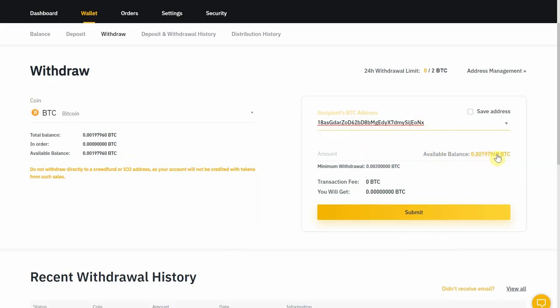So apparently my BTC balance is just below the threshold of the minimal withdrawal. But anyways, this is how you withdraw BTC from Binance to another BTC wallet. Let's say you wanted to transfer back to Coinbase. So you would put the Coinbase address here and it would be sent there.